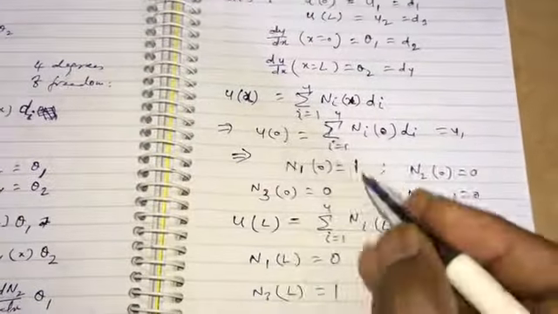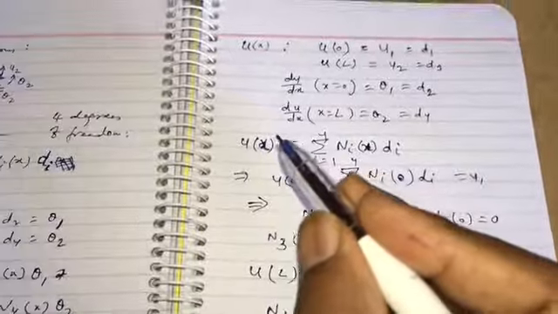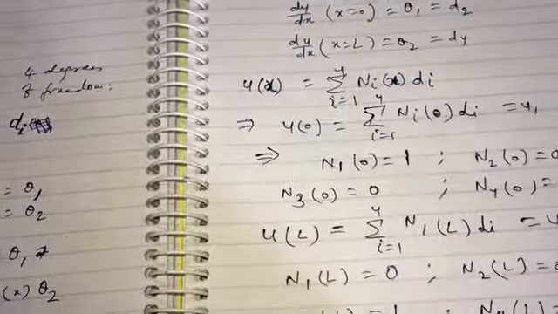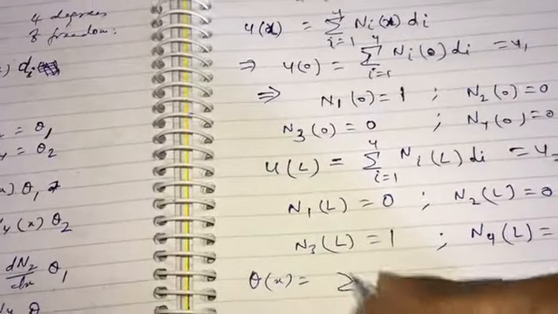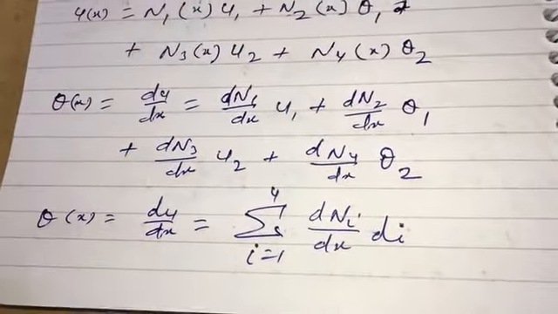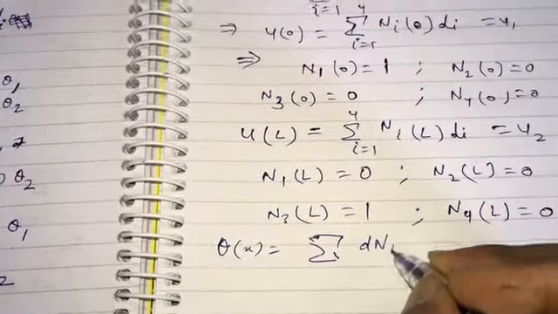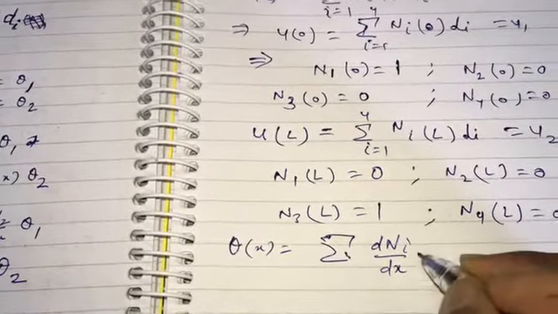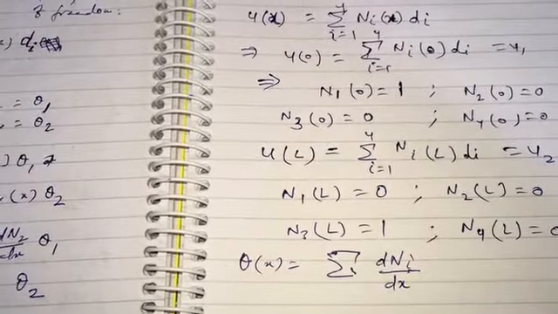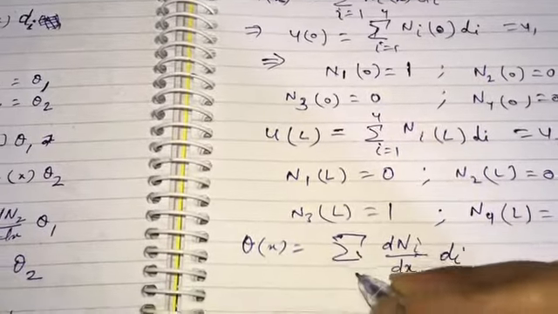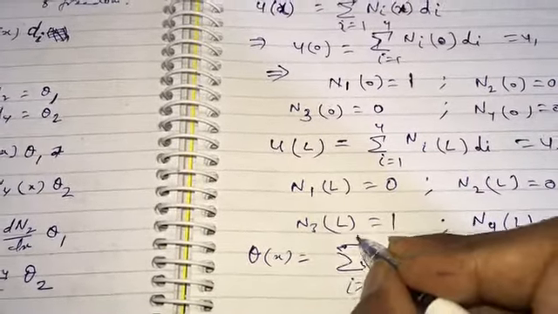For the others we have to write the expression for theta. As we know, theta x is nothing but summation i equal to 1 to 4 of dNi over dx times di, the same as here.